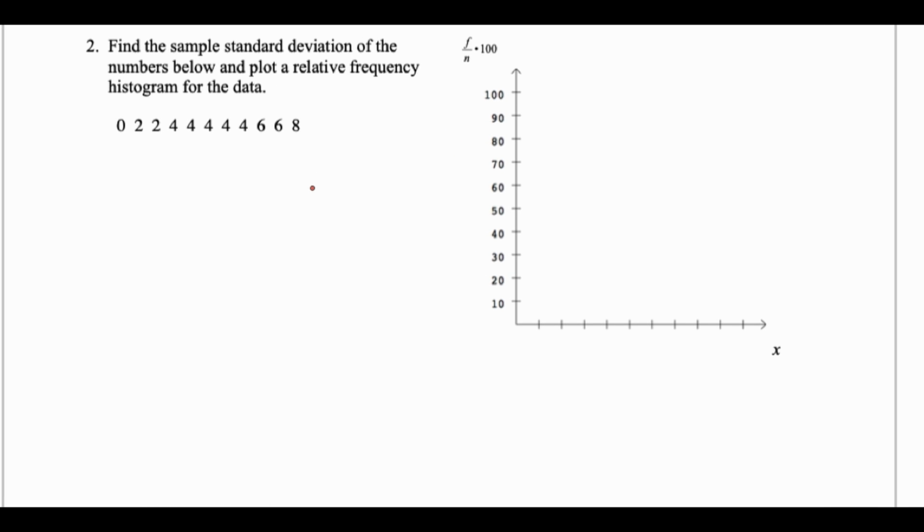Okay, so first thing I want to do is just create a column for x. We'll find the sample standard deviation of this data. So I need an x column and an x bar. And then we'll do x minus x bar.